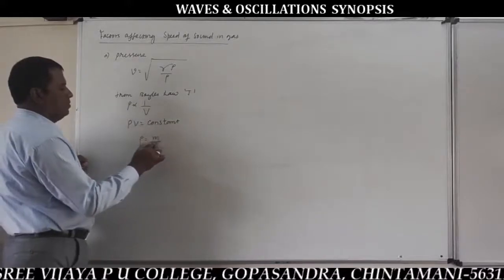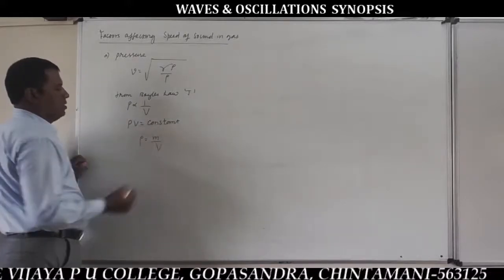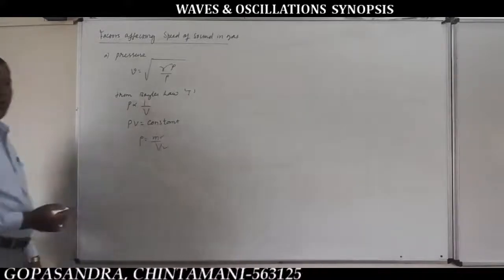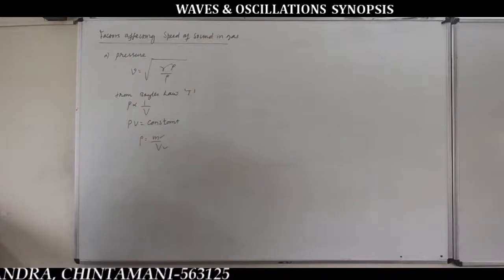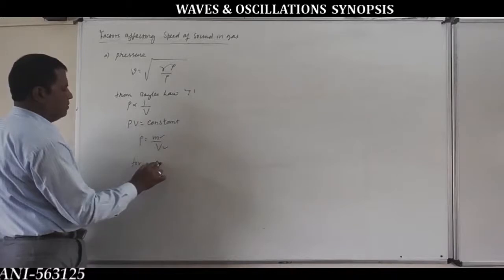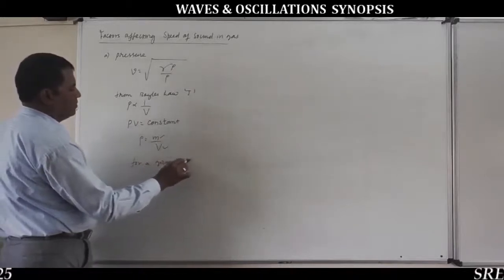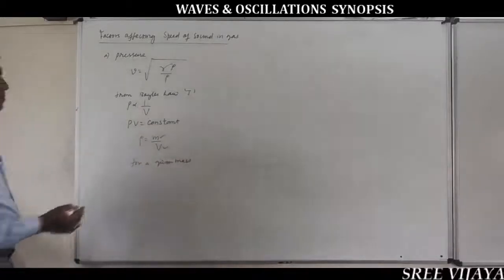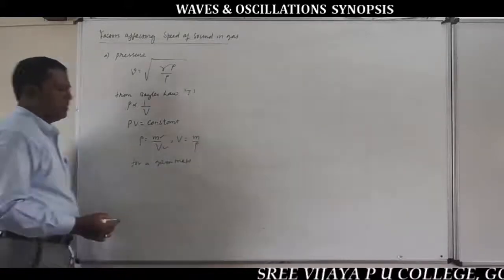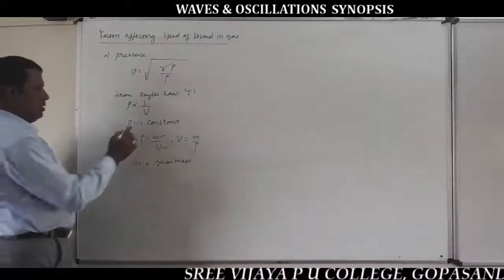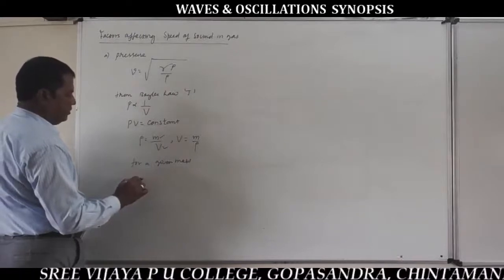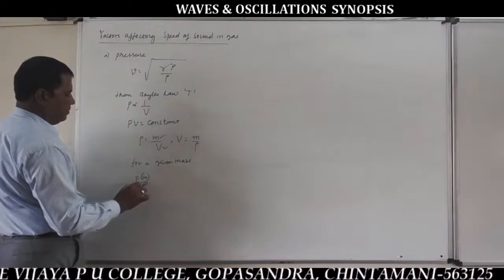Density is equal to mass by volume, where M is the mass and V is the volume. For a given mass, volume can be written as M by rho, so P into M by rho.